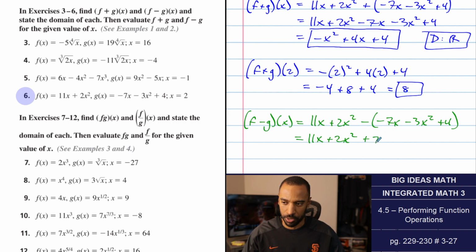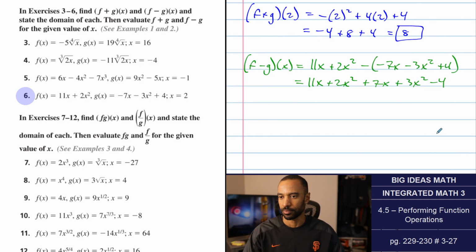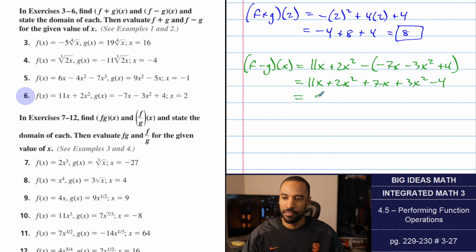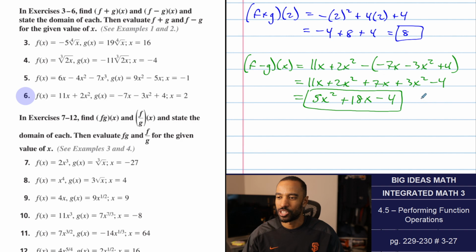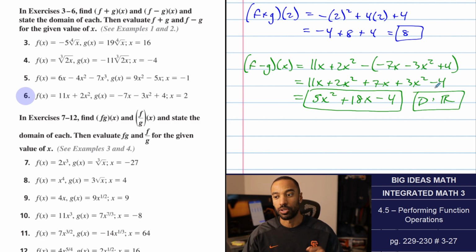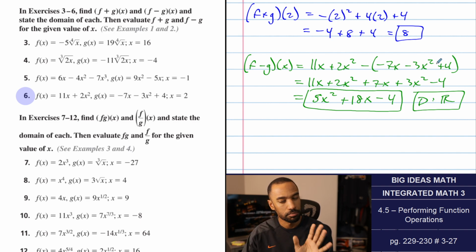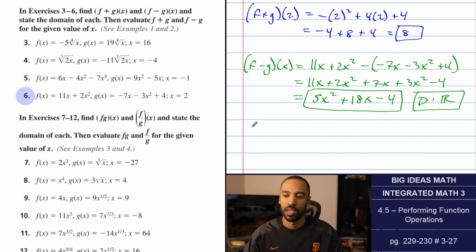Minus the g of x is plus 7x plus 3x squared minus 4. 2x squared plus 3x squared is 5x squared, so that changed dramatically. 11x plus 7x is 18x. That changed dramatically. And negative 4 changed somewhat. Domain is still all real numbers. All polynomials, all real number domains. Cool. Not all real number range. But they didn't ask. That part doesn't matter.